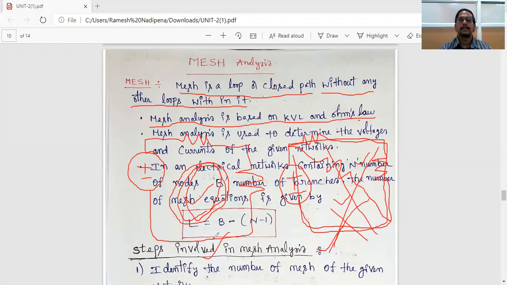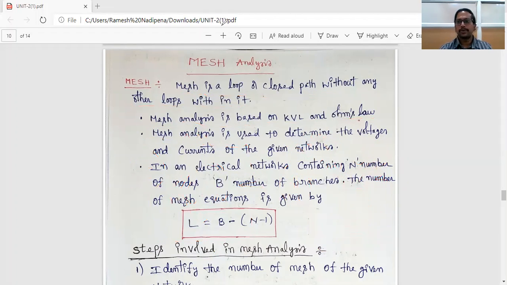Simple, right? Now let's see a few more points about mesh analysis. Mesh analysis is used to determine the voltages and currents of the given network.